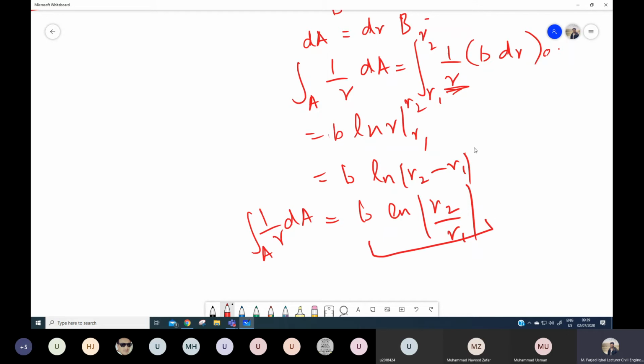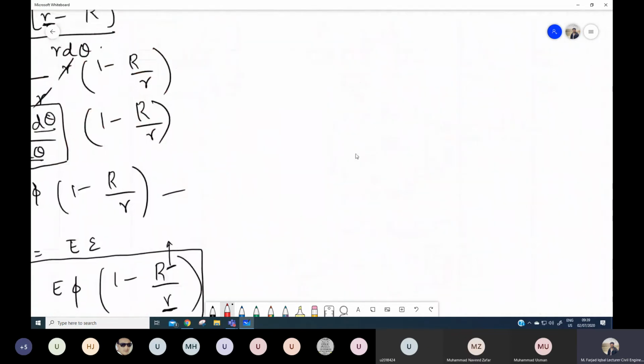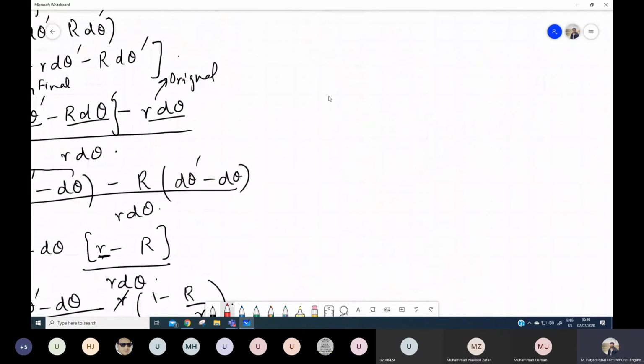Obviously for the rectangular cross section, it is simple to figure out the values or to solve this integral. But when the cross section is triangular or circular, then it can get complex to figure out this integral. So for that case, we have been provided the values of this whole factor for different types of cross section.